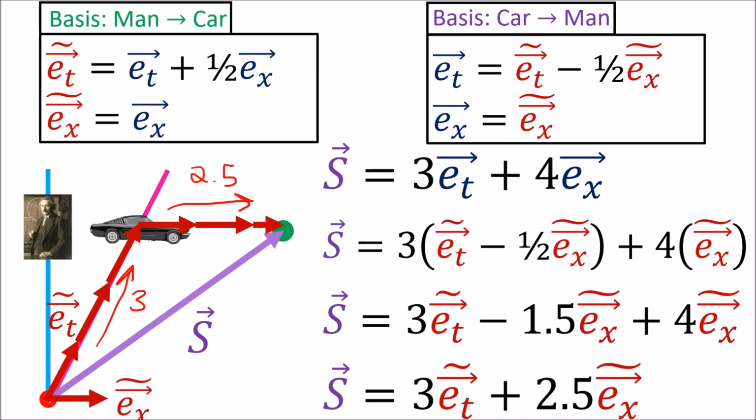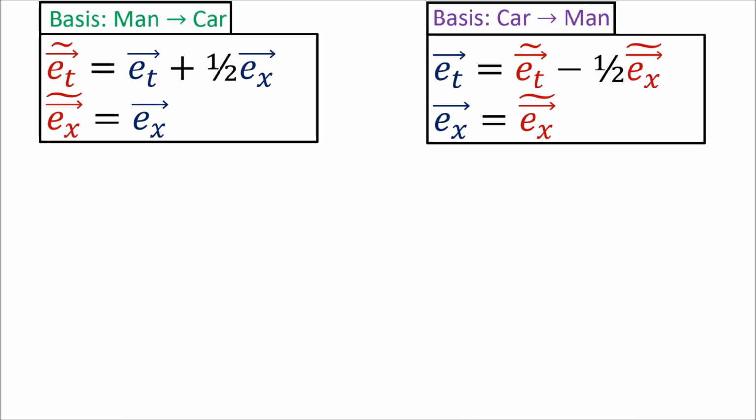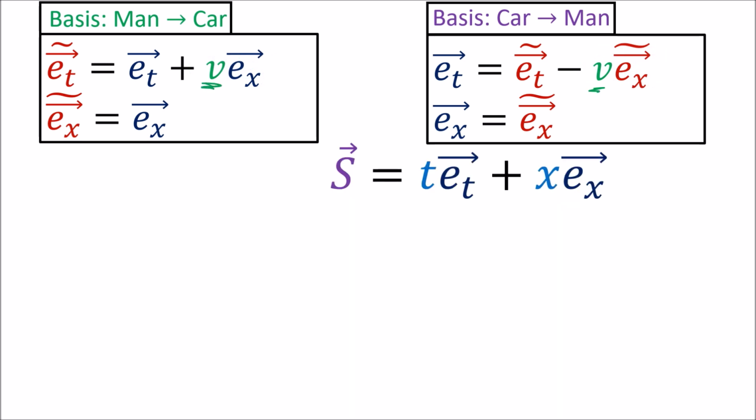So we successfully changed coordinates in one specific case here, but we should try and get formulas that work for all cases for any vector. The first thing I'll do is replace the velocity 1/2 for the car with a generic velocity v in these formulas. Let's start with a generic spacetime vector s equals TET plus XEX in Einstein's reference frame.